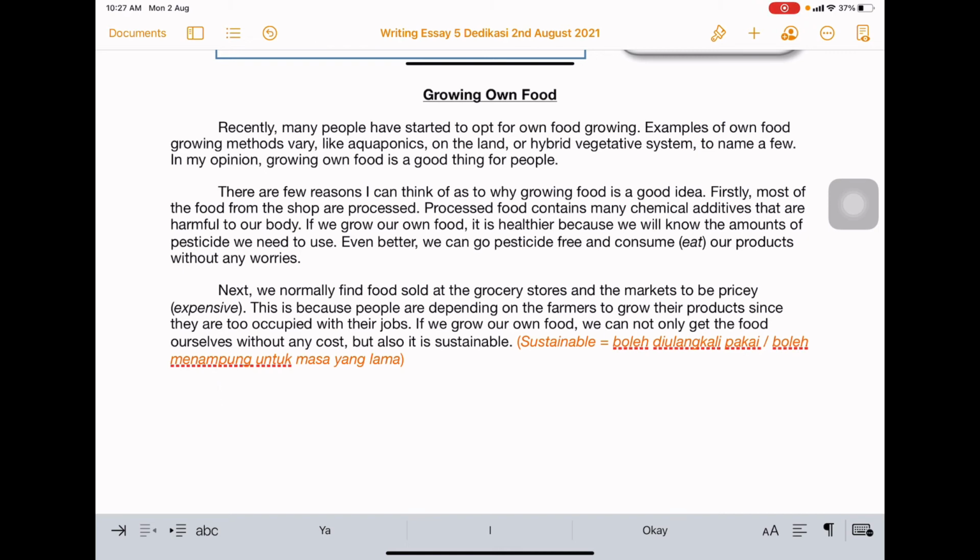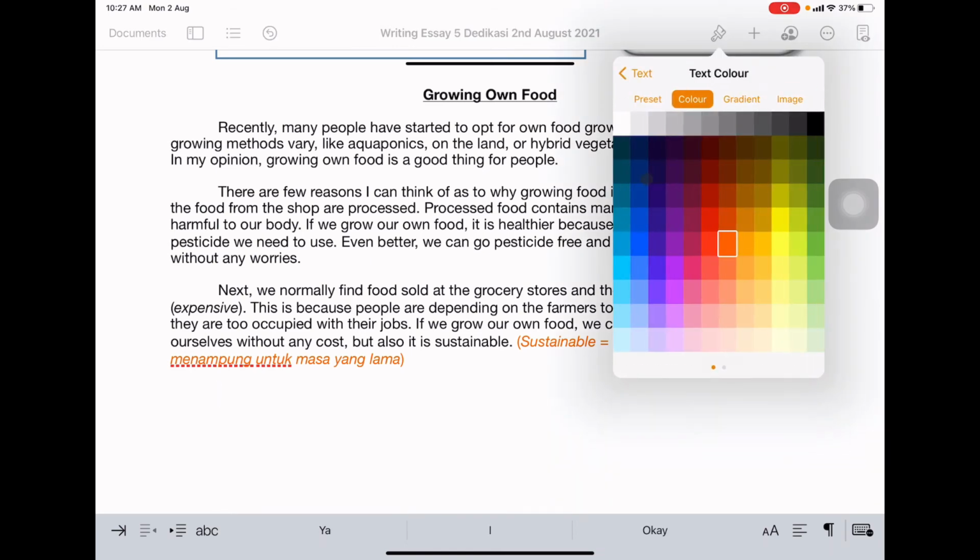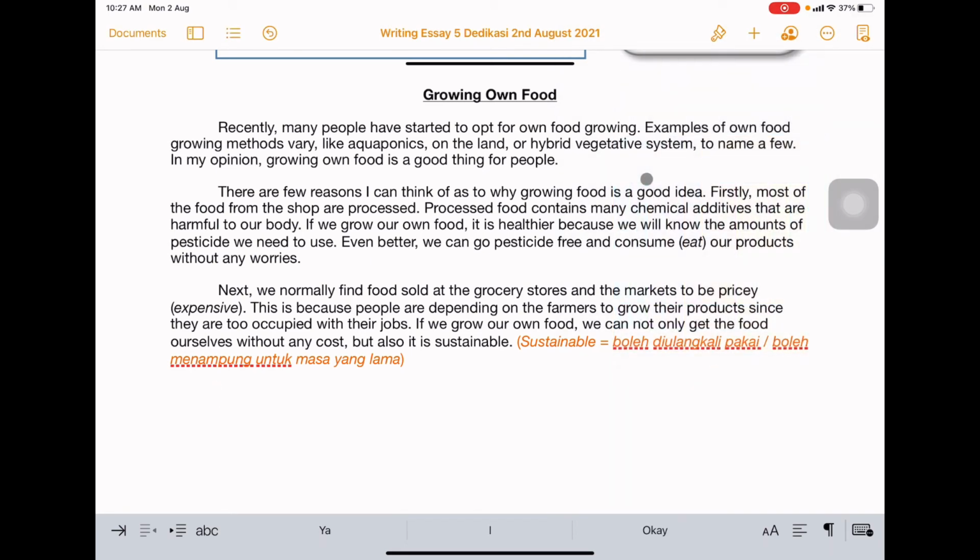You can say, furthermore, sorry, why am I using orange now? Okay, instead of using furthermore or however, you can say on top of that, growing our own food is also a form of exercise.